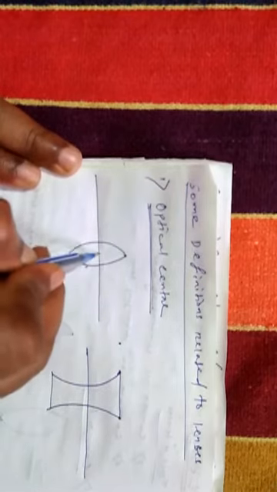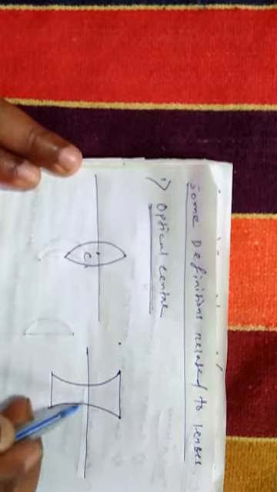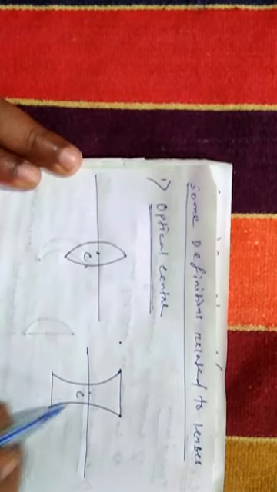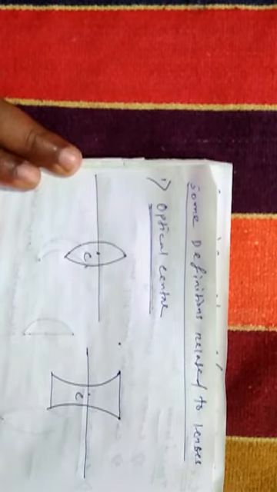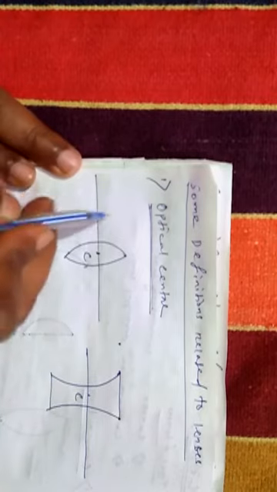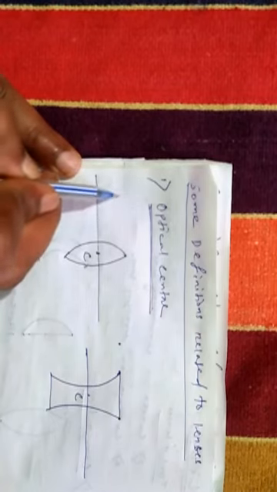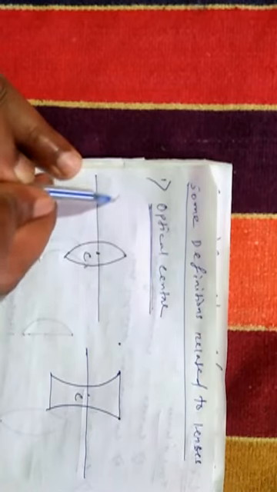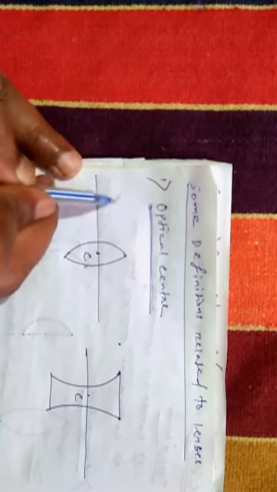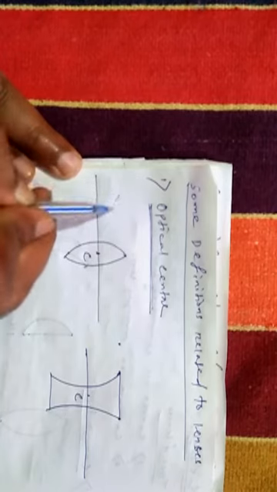It is a point on the lens at which a ray of light passing through it goes undeviated. If you take a light ray and it passes through the optical center, it goes straight, without any deviation.